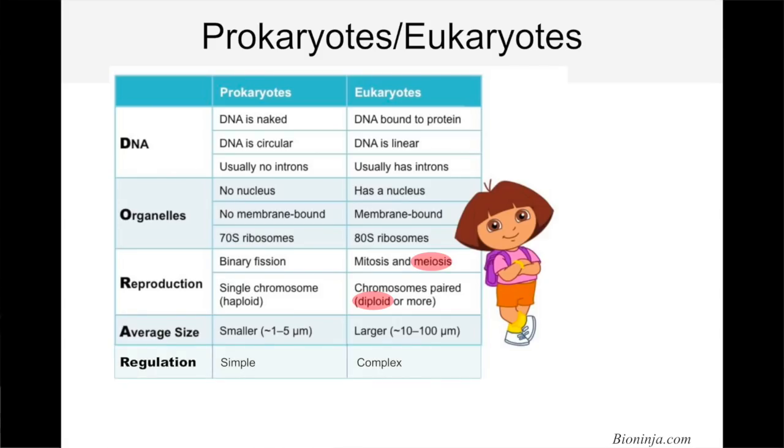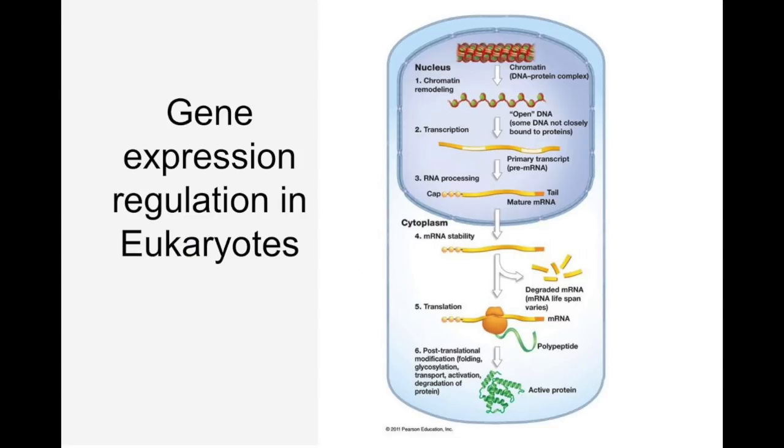The next important difference between prokaryotes and eukaryotes is that their gene regulation is very different. Well, this one is pretty simple. This one is very complex. So how complex is it? That's how it works. You've got a eukaryotic cell. That's the nucleus. You've got the DNA. The DNA is tightly packed by proteins, histones.